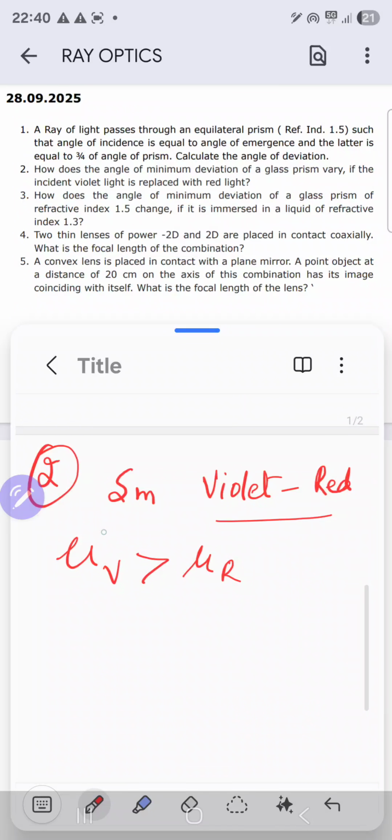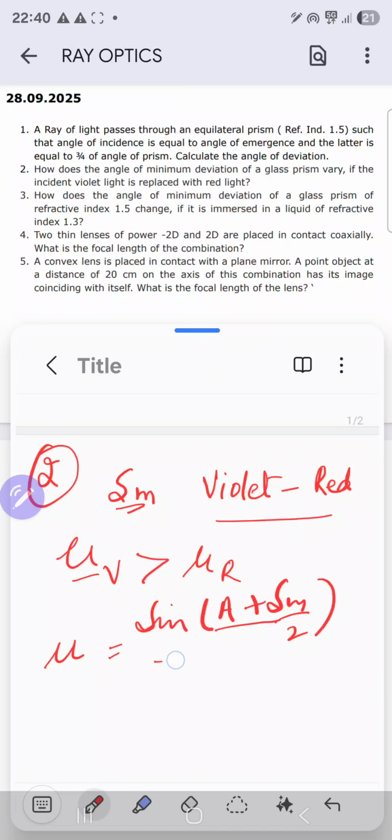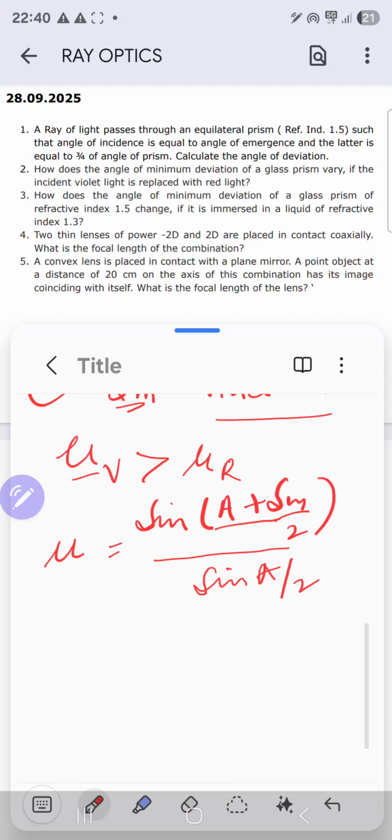So refractive index and angle of minimum deviation have a relation: mu is equal to sine of (A plus delta m) by 2 over sine of A by 2. Now you see, the refractive index of violet is more.